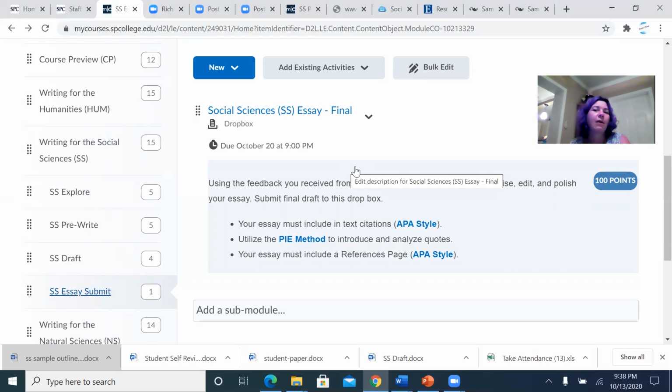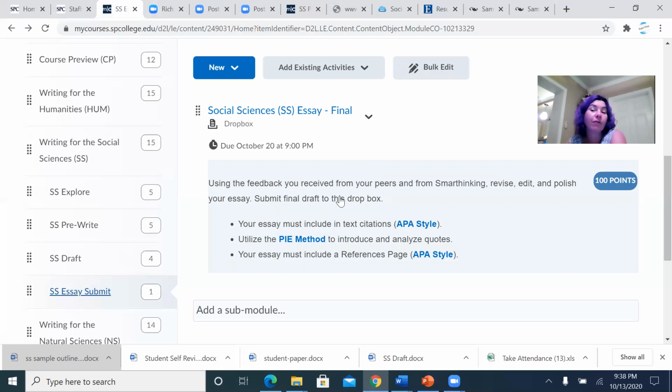The goal is that we grow and that we build a better means of communication in our written style. So if you did not earn the grade that you would have liked for the humanities essay, please make sure that we understand why, so that we can grow and improve to earn that desired level of success for the social science essay.